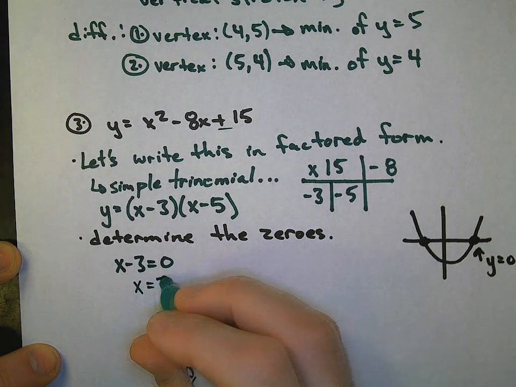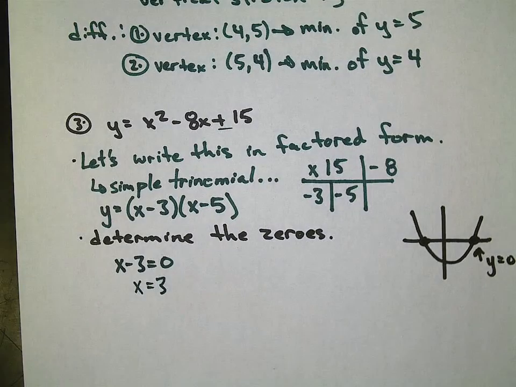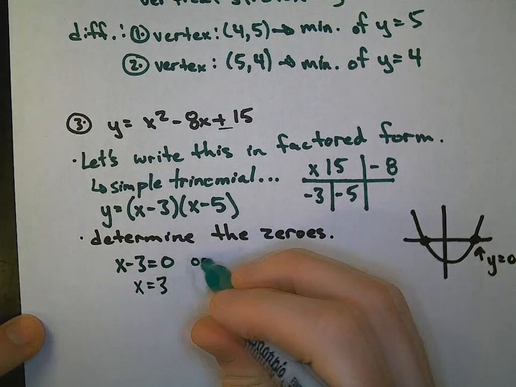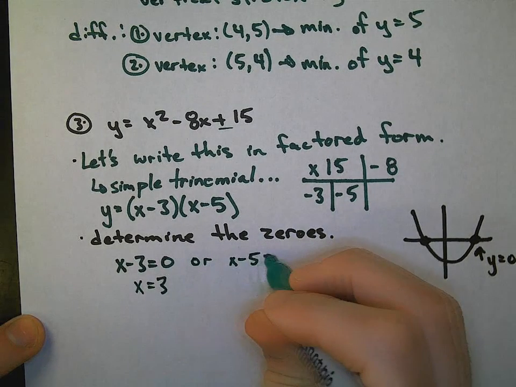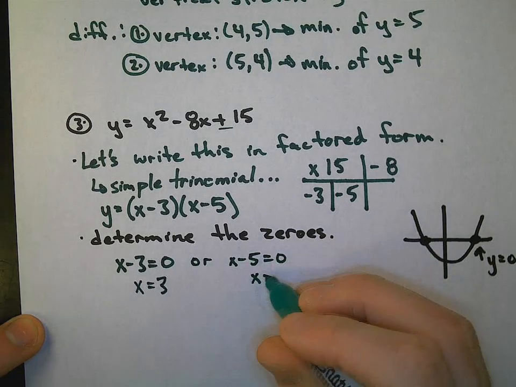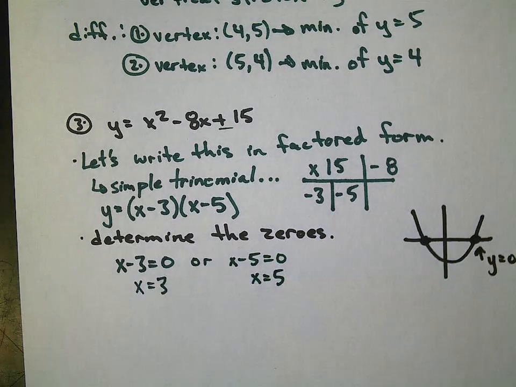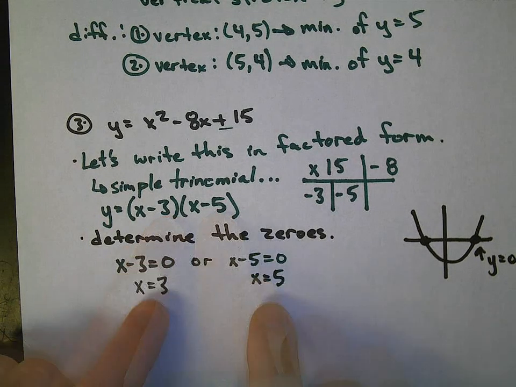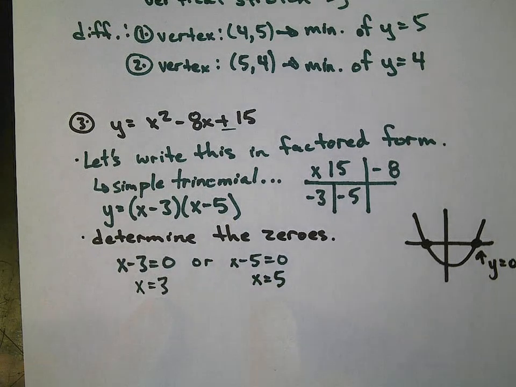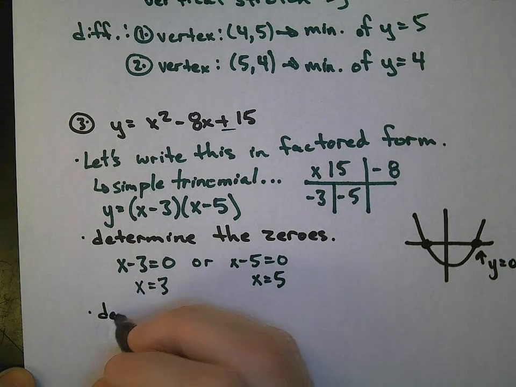So that x-intercept is 3. And x minus 5, we set that equal to 0. So we get the x-intercept of 5. Notice basically all that's happened is the signs inside the brackets have changed to the opposites when we solve for the x-intercepts.